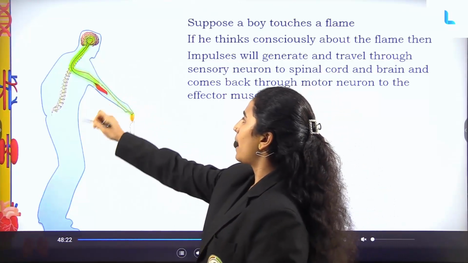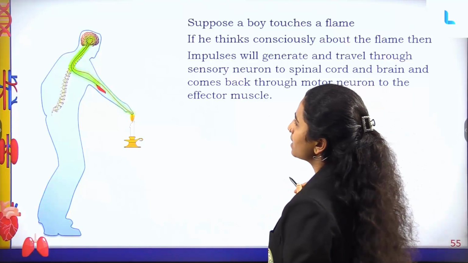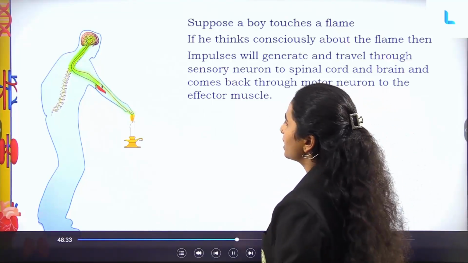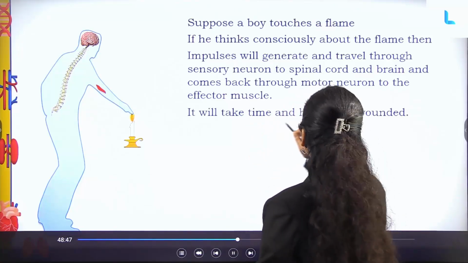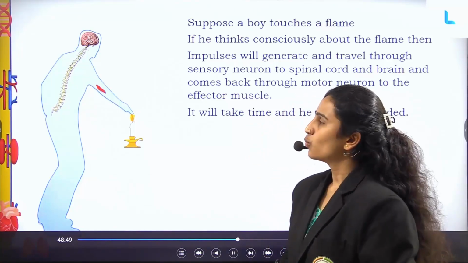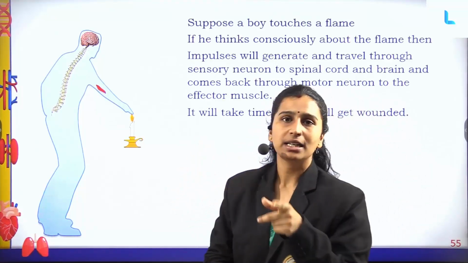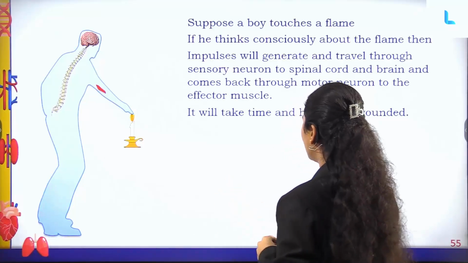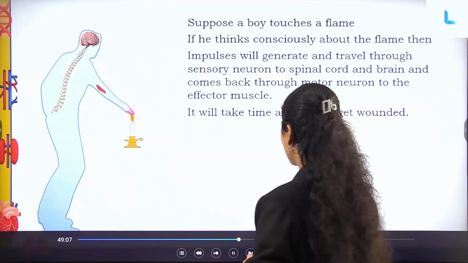So the message is coming back. His muscle will get contracted and he will take his hand off. So it will take time and he will get wounded. By the time the message reaches the brain and comes back to the muscle, it is a time-taking procedure, therefore he will get a wound on his hand.